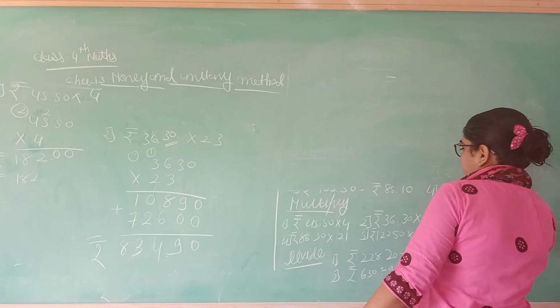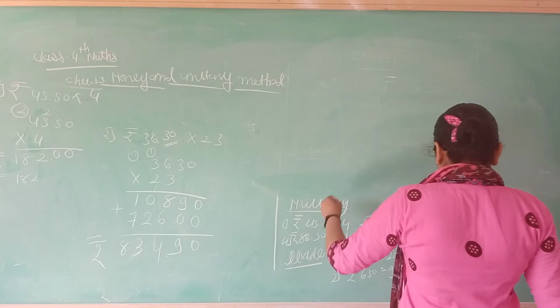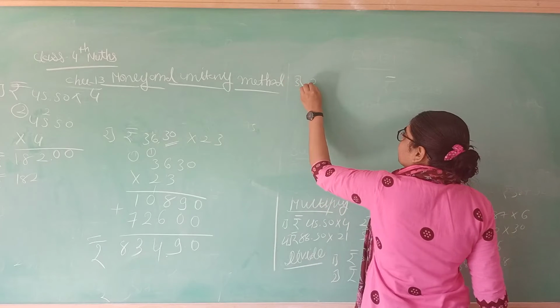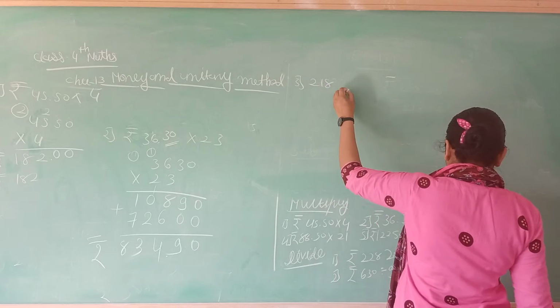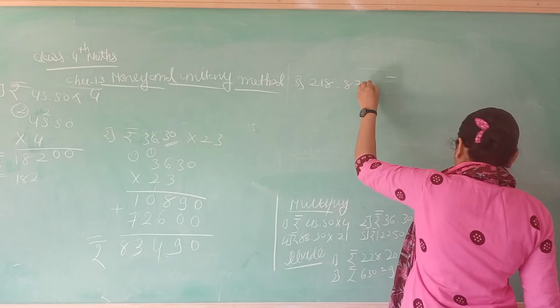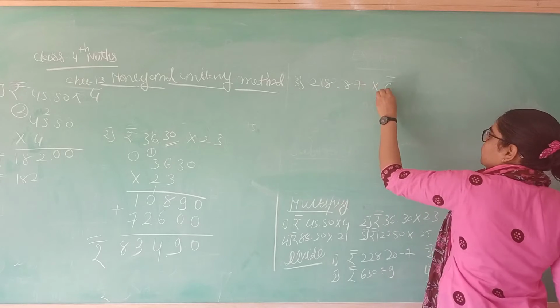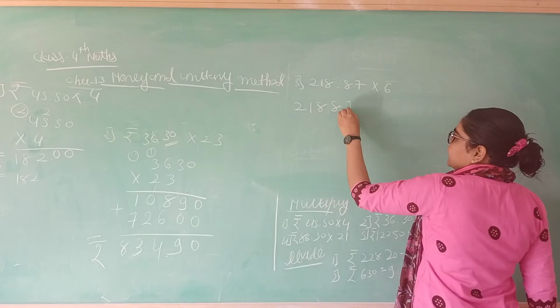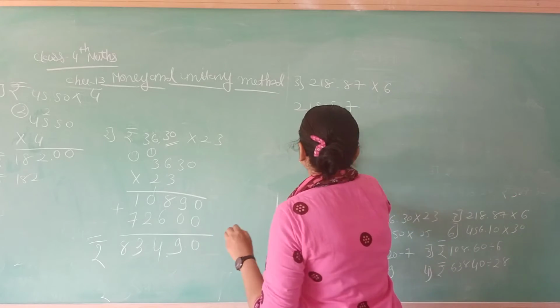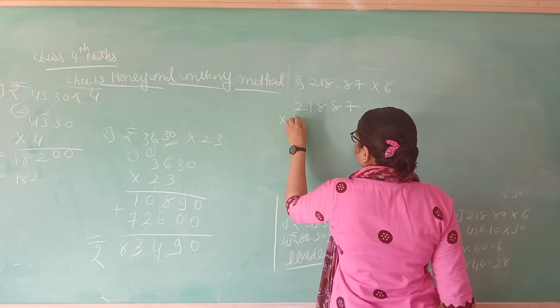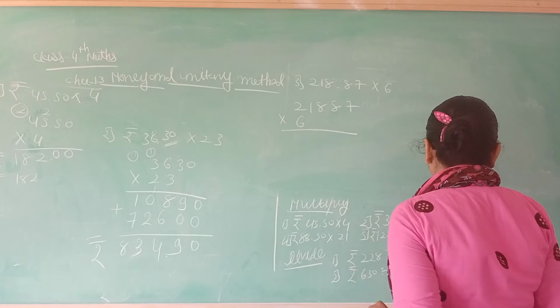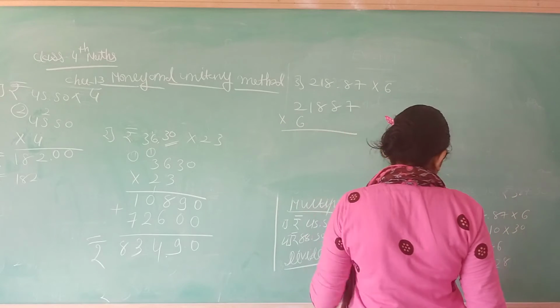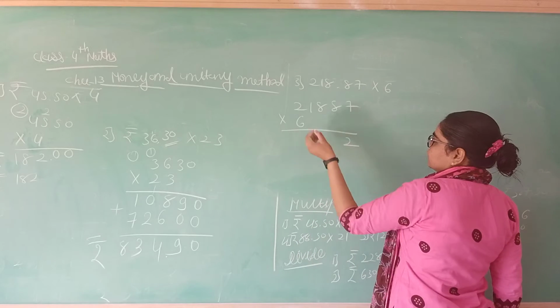Example of the third one. Okay. 218.87 into 6. So 218, remove the point, then after that into 6. Okay. So 6 7s are 42.